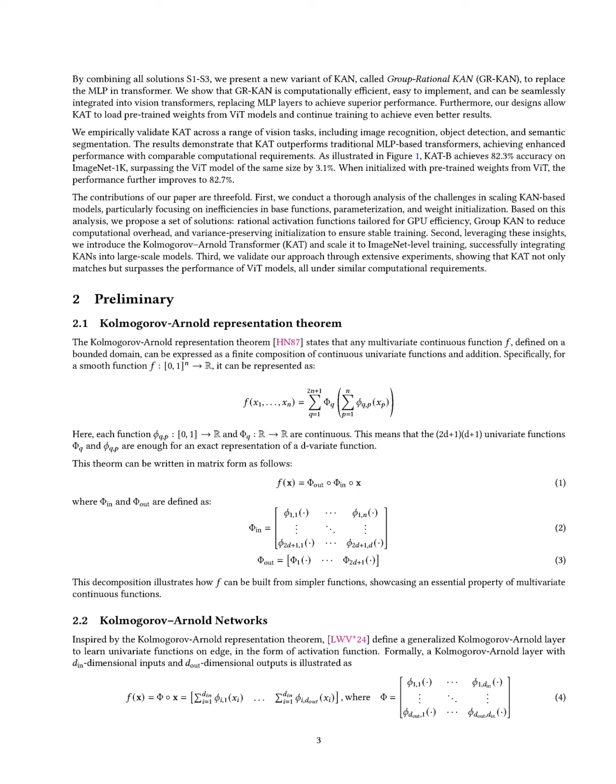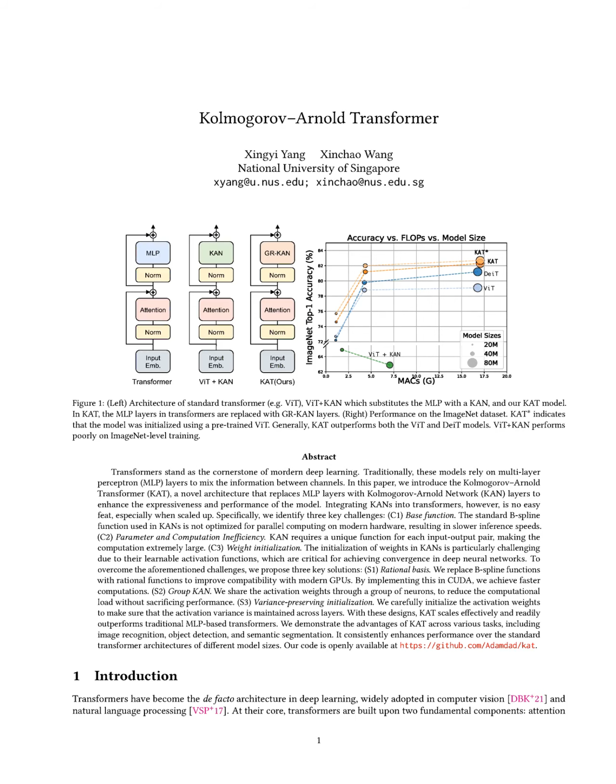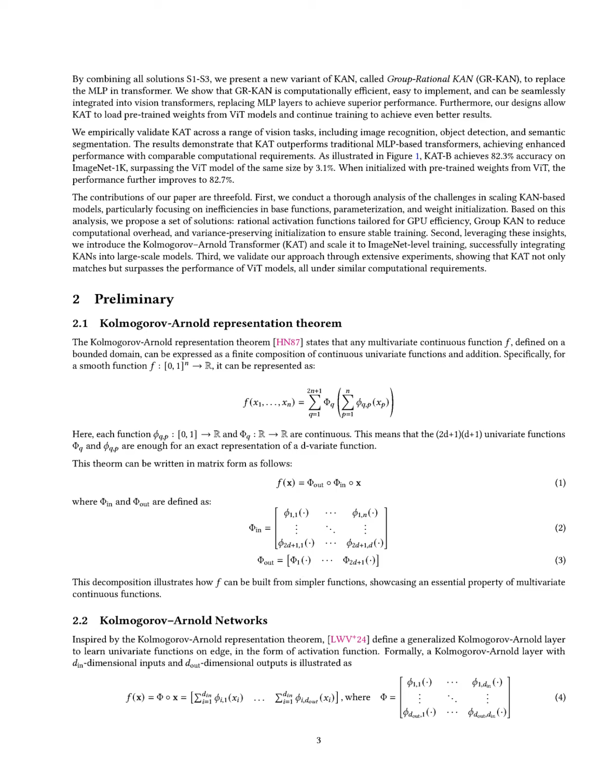Specifically, the model was tested on the ImageNet-1K dataset, where CAT-B achieved an accuracy of 82.3%, surpassing the performance of the Vision Transformer, ViT, model of the same size by 3.1%. Additionally, when initialized with pre-trained weights from ViT, CAT's performance further improved to 82.7%.